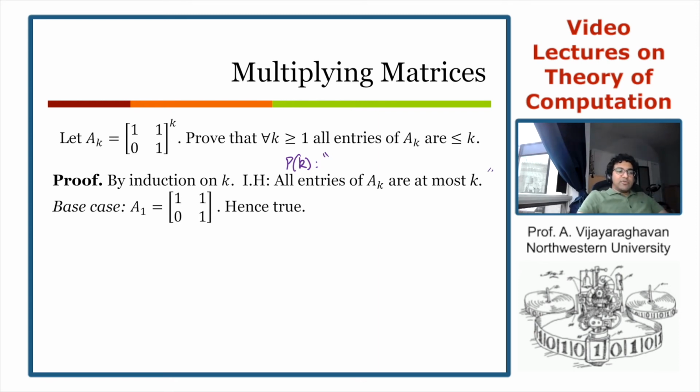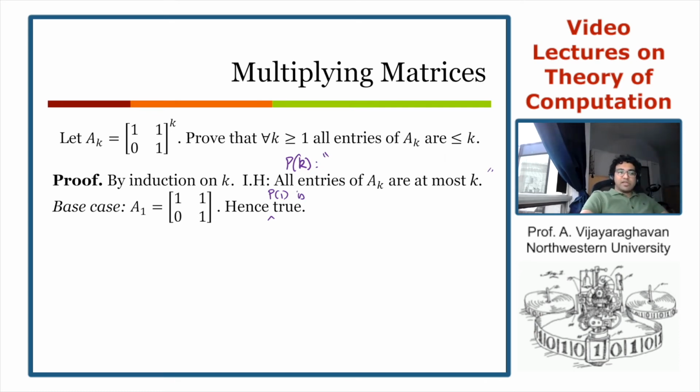Now let's try to prove this predicate. The first step is the base case, and the base case is true because A^1 is just the matrix 1, 1, 0, 1 raised to the power of 1, and that's certainly true because all the entries are at most 1. So hence P of 1 is true.